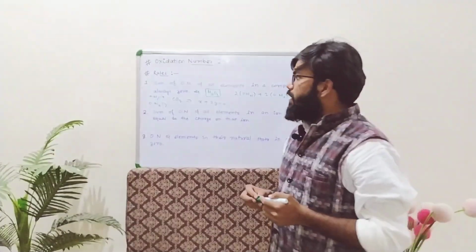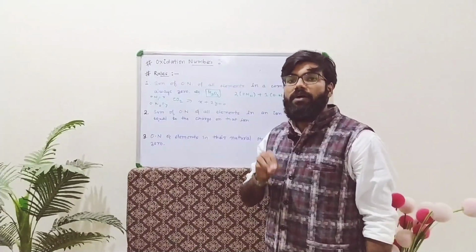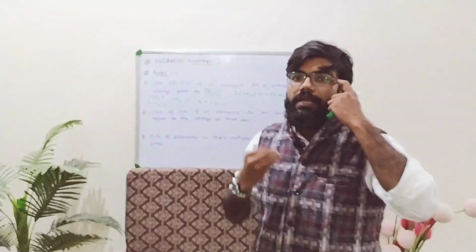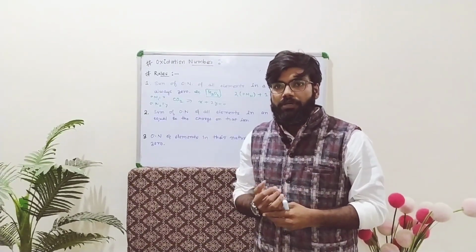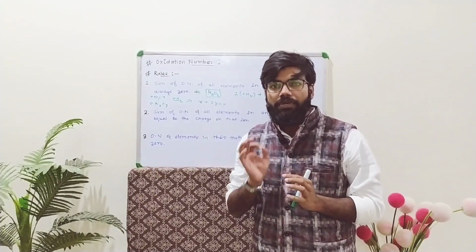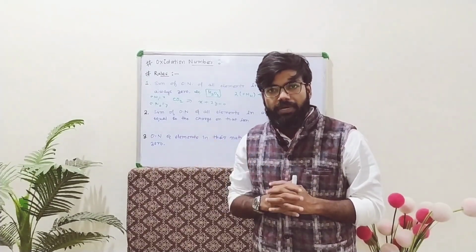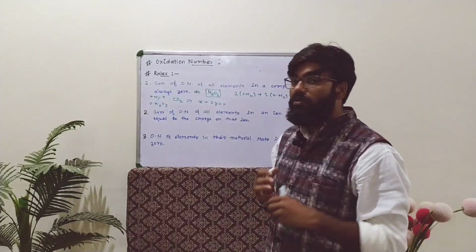So it is very simple. What it is saying: the sum of oxidation numbers of all elements present in a compound is always equal to 0. Now come to the second rule.